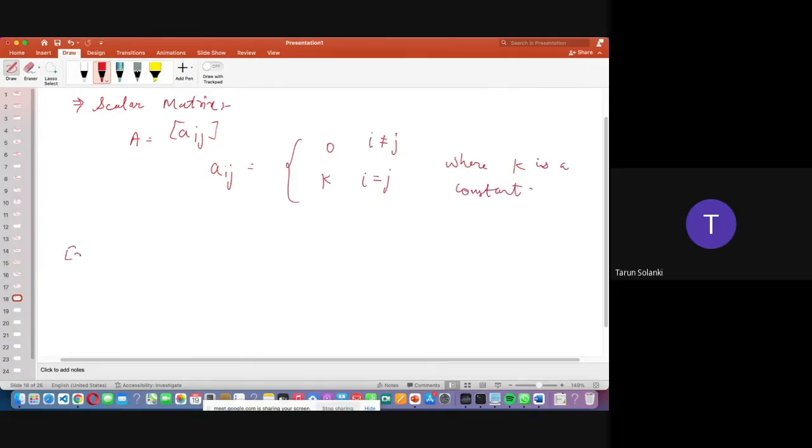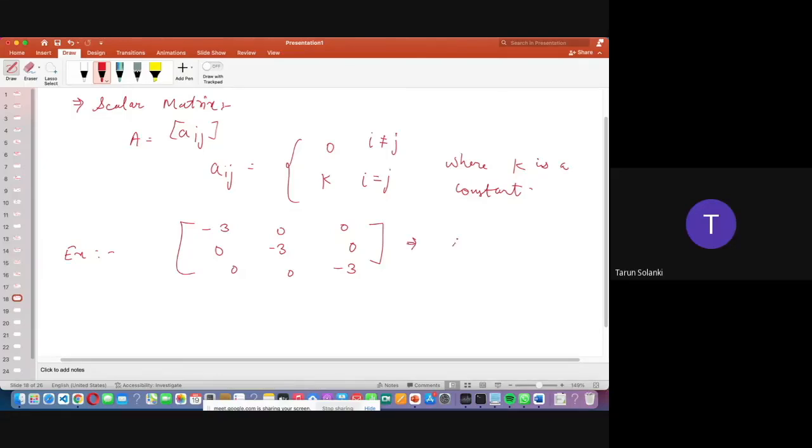So we can write, for example, -3, 0, 0; 0, -3, 0; 0, 0, -3.